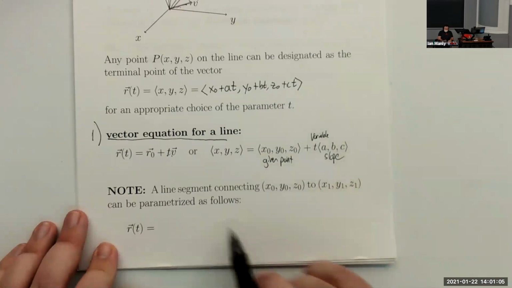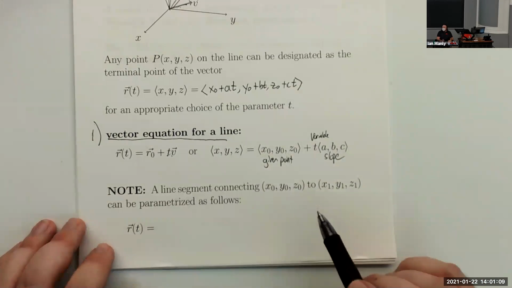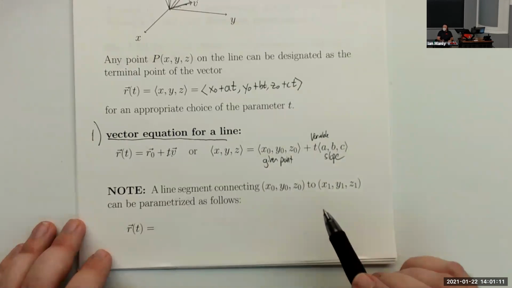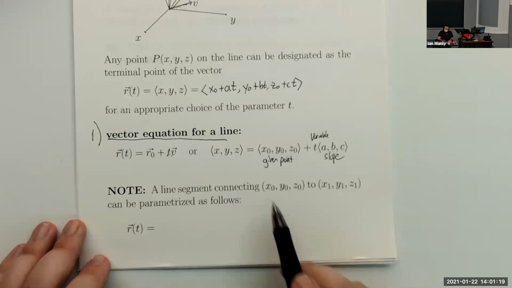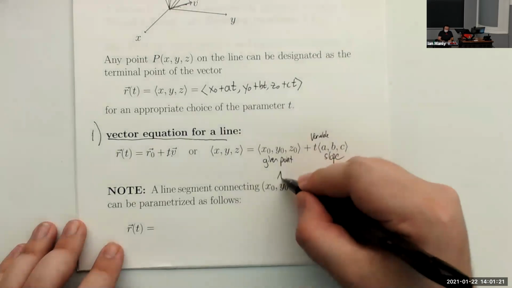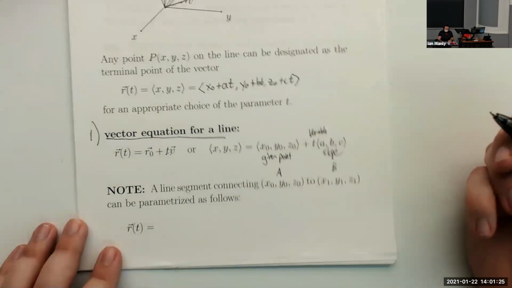So let's see here. One thing that we may need a little bit later is we may want to come up with a parameterization for a vector that's pointing at one point at time 0 and then another point at time t equals 1. So it starts at one point, maybe this one right here, we can call it A, and then at time t equals 1, it ends up over here.